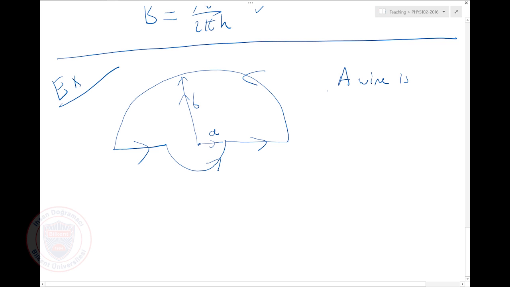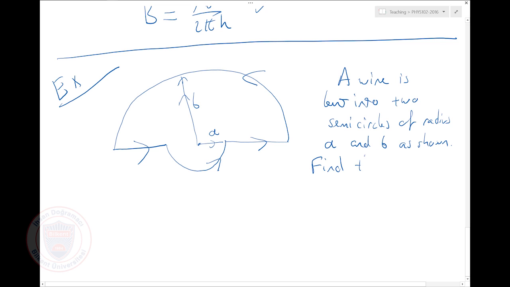A wire is bent into two semicircles of radius A and B as shown. Find the magnetic field at the center.